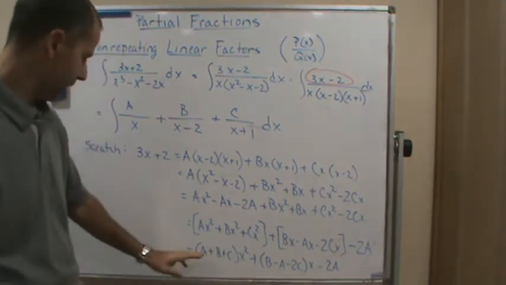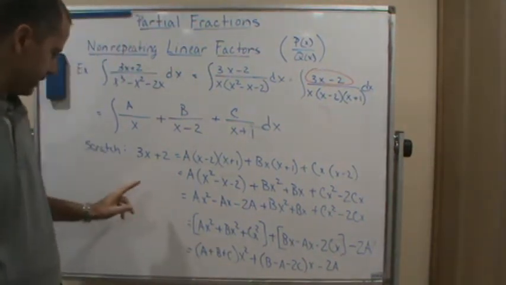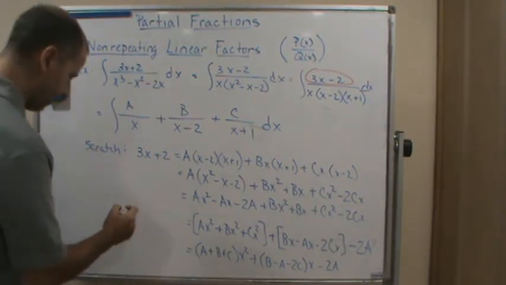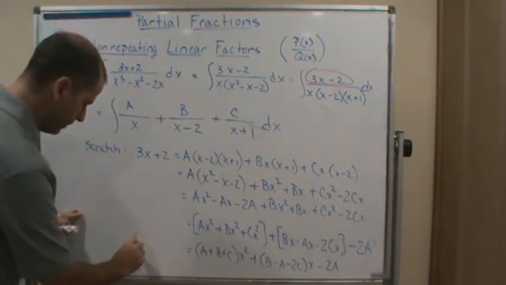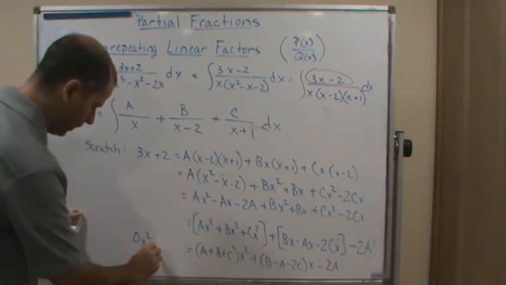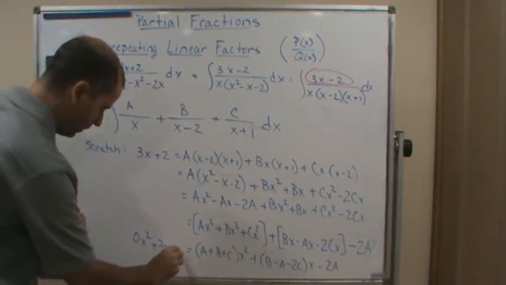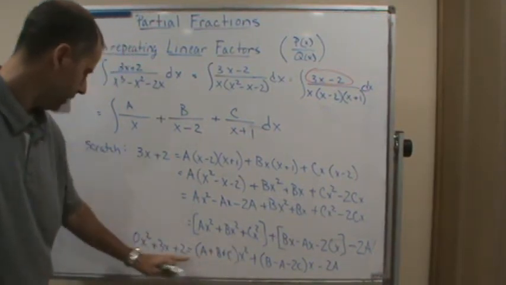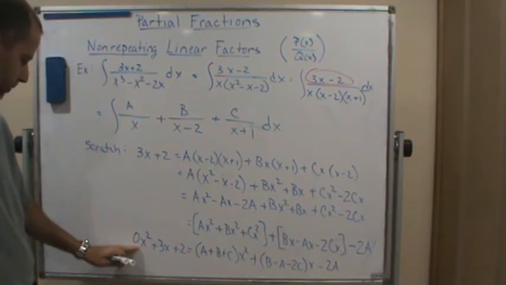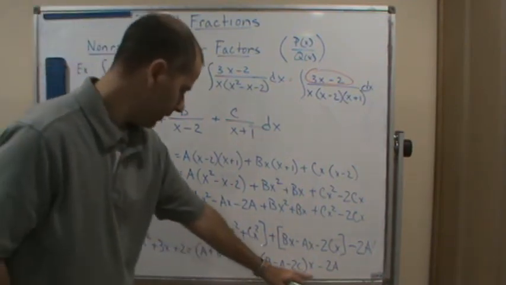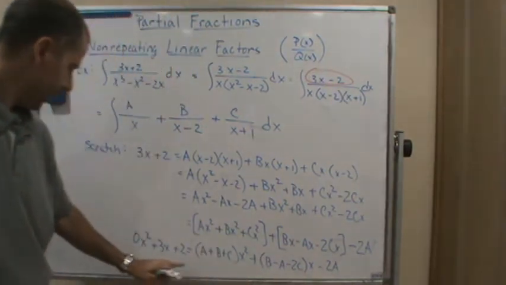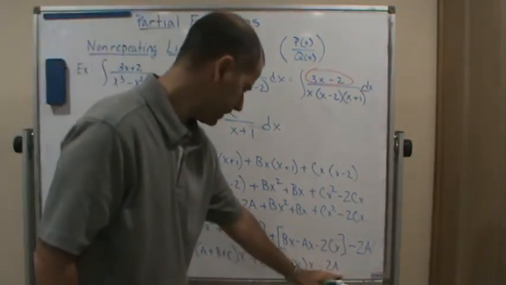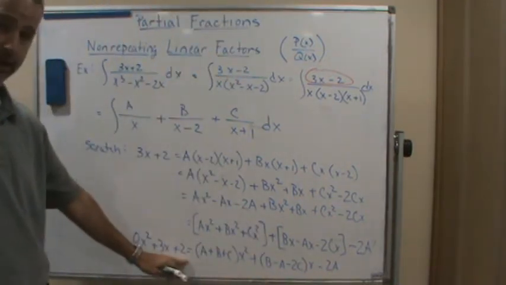Because now I know this has to equal 0 because I have nothing here, right? So if I match this up, I have 0 times x squared plus 3x plus 2. So that tells me this coefficient here equals this coefficient here. Right? And this coefficient of the x has to equal this coefficient here, which is 3. And then, of course, this constant has to equal this constant, which is 2.